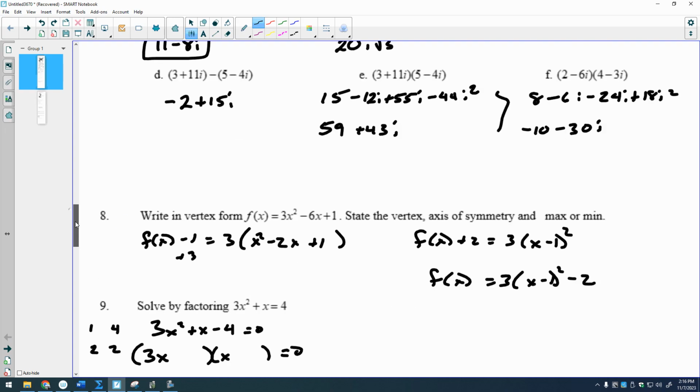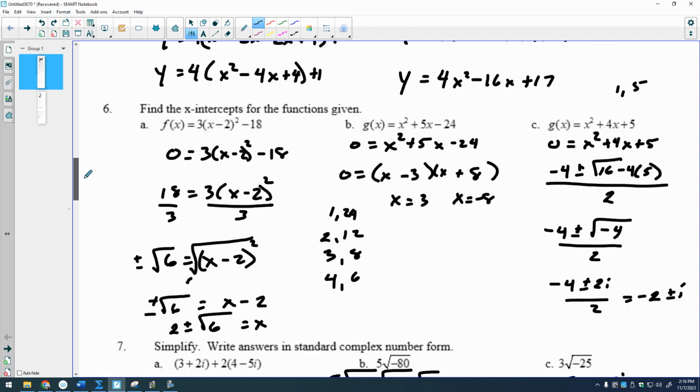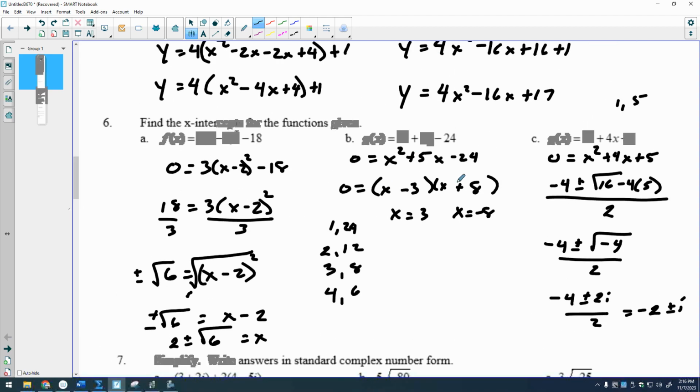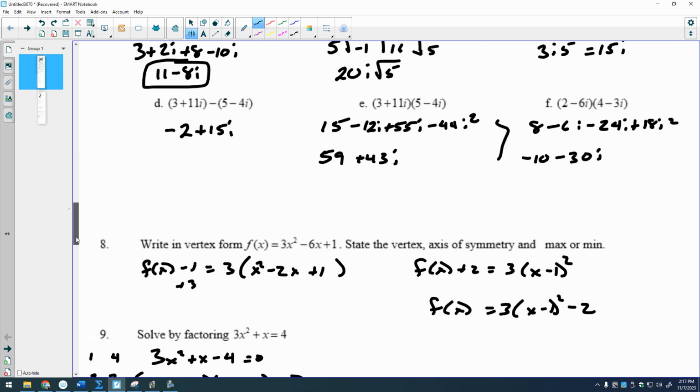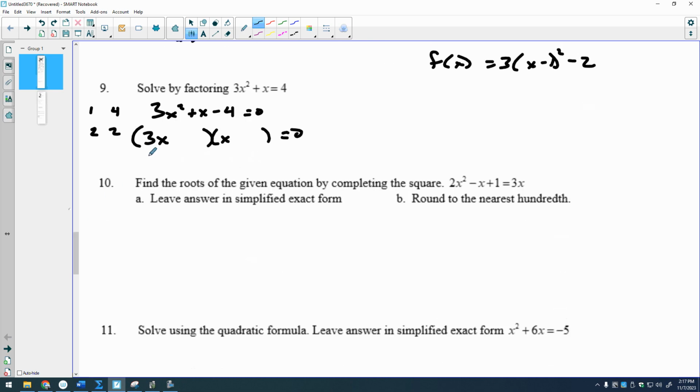In the past, like up here, the coefficient has just been a 1, right? So my coefficient was 1, so I asked the question, what number minus another number gives me 5, so 8 minus 3 is 5. I can't do that here. The coefficient of this one is not a 1, it's a 3. So whatever I put here gets multiplied by 3.